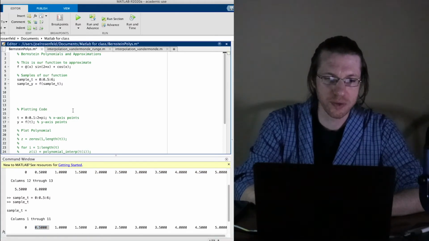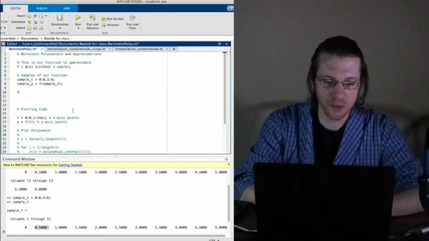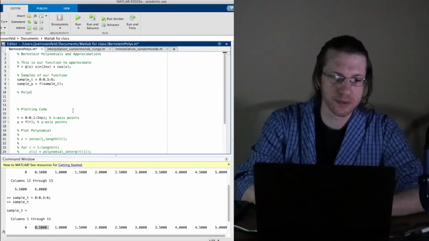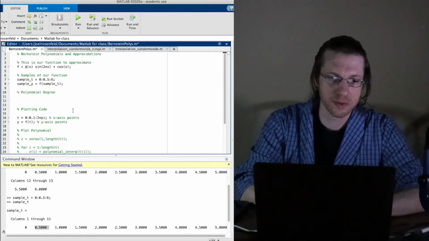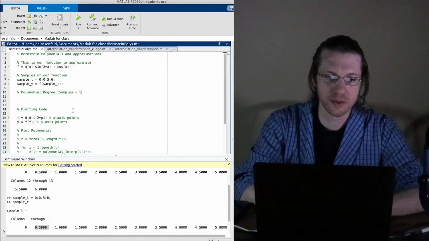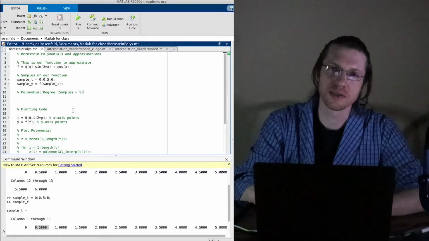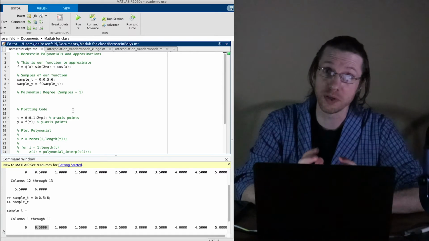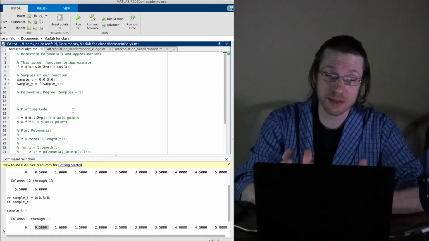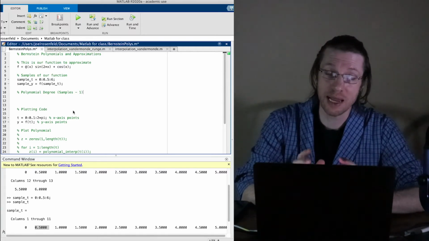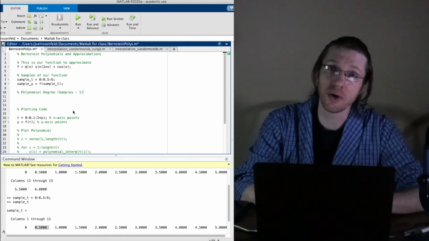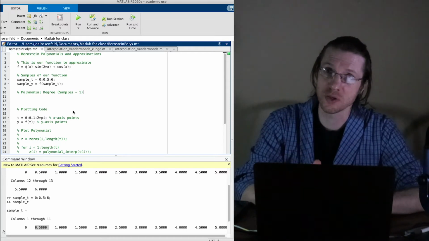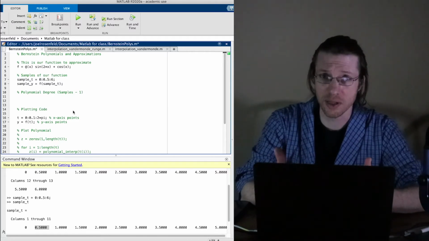Okay, so we need to figure out what the polynomial degree is. This is going to be the number of samples minus 1, right? Because the number of free variables that you get for polynomial degree n is n plus 1. You not only have the terms x squared, x cubed, up to x^n, but you also have the constant term, and so it adds another layer.